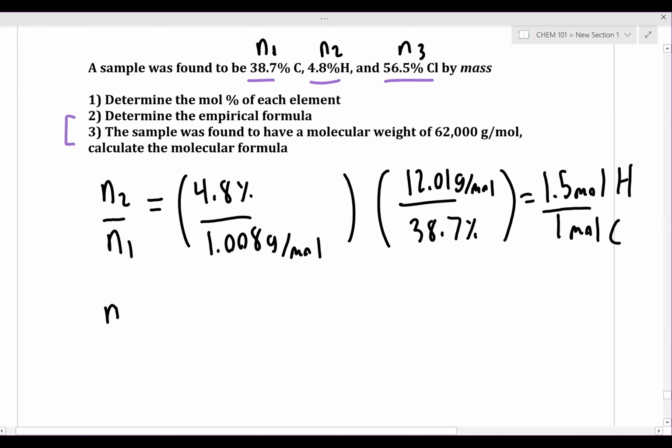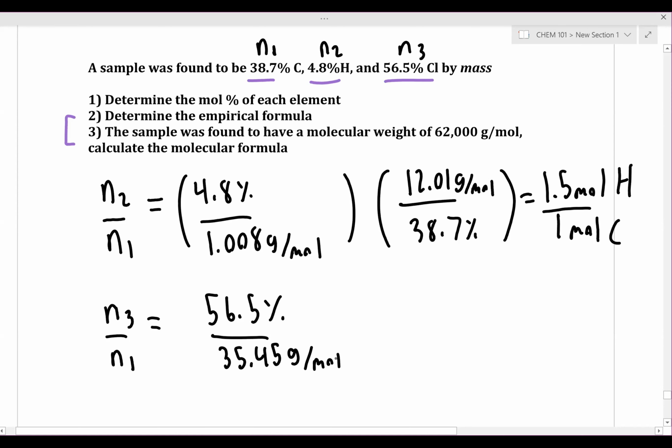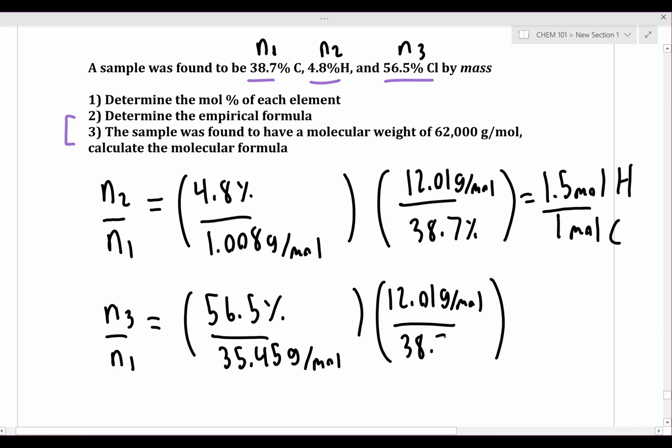Let's now look at N3 over N1. So what is element 3? Chlorine. So we're going to take our mass percentage of chlorine, which is 56.5%, divided by our molar mass, which is 35.45 gram per mole. We're then going to divide by the moles of carbon, and we're just writing the exact same expression, which is the molar mass of carbon over the mass percentage.